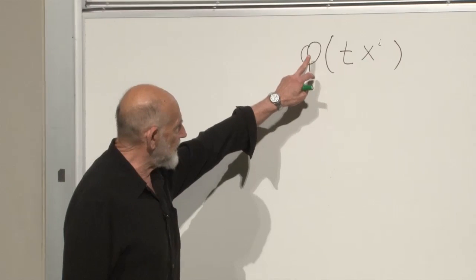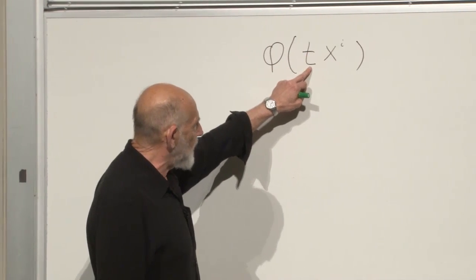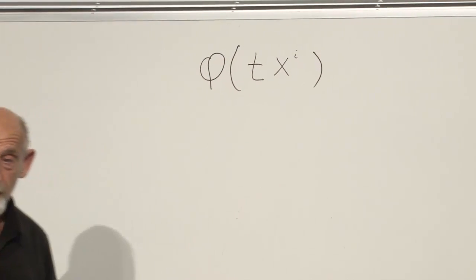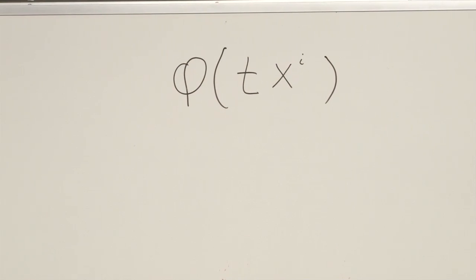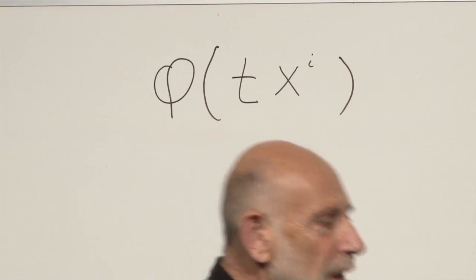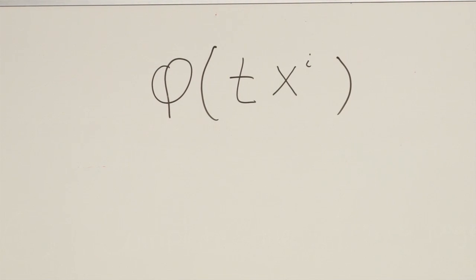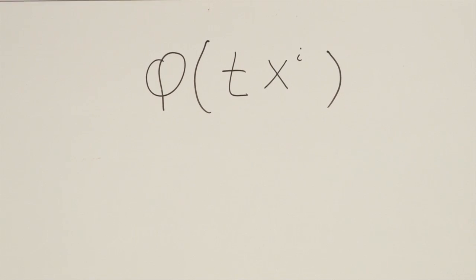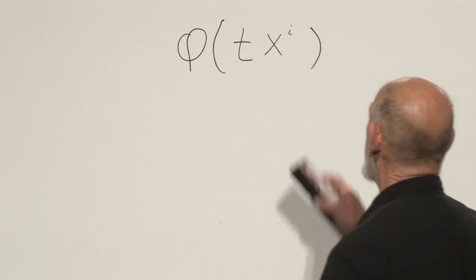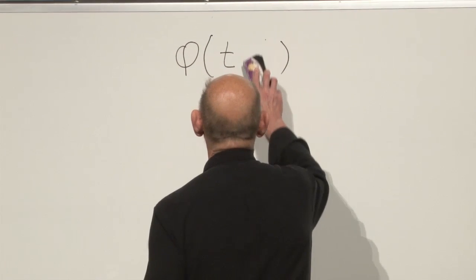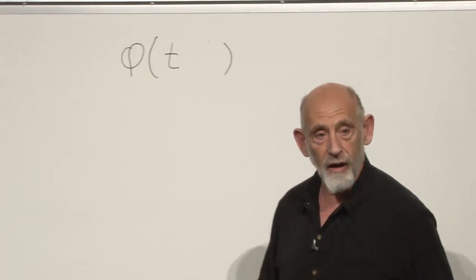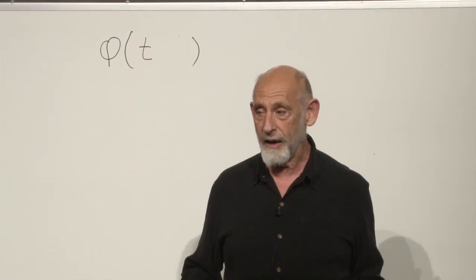In each case, the field was a function of the time coordinate and whatever space coordinates there happened to be. If we go down to this strange limit where space has no dimensions at all, but only time, then we're talking about a theory of a function of time.